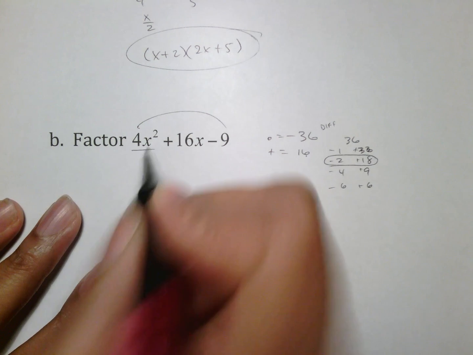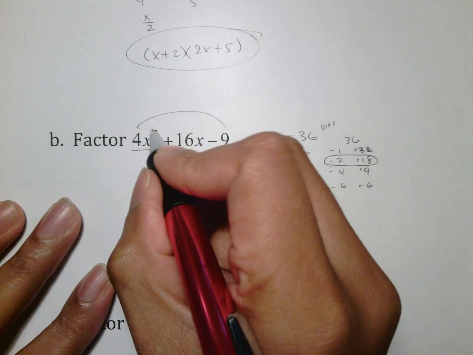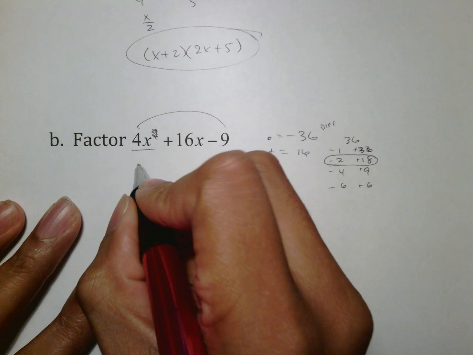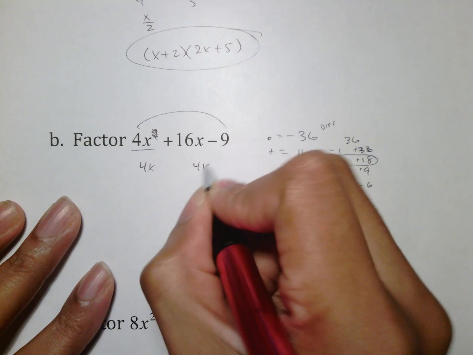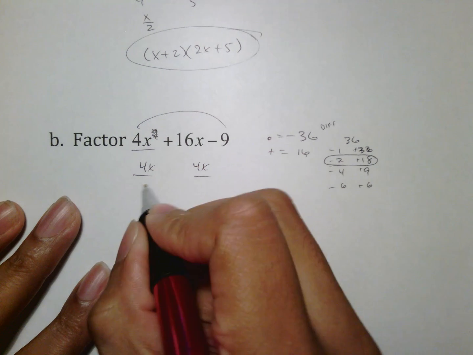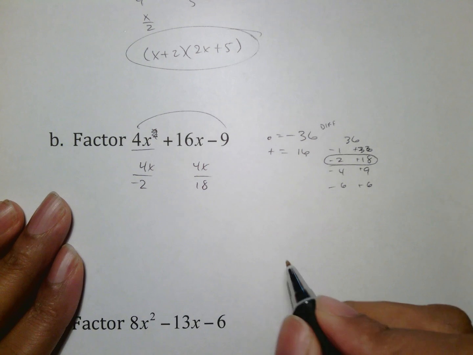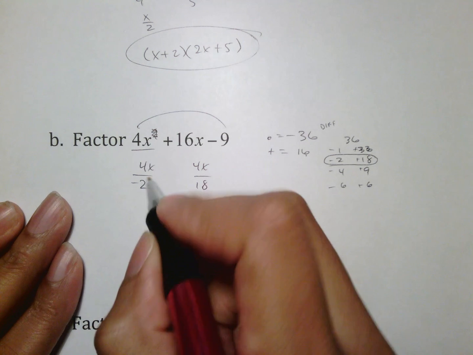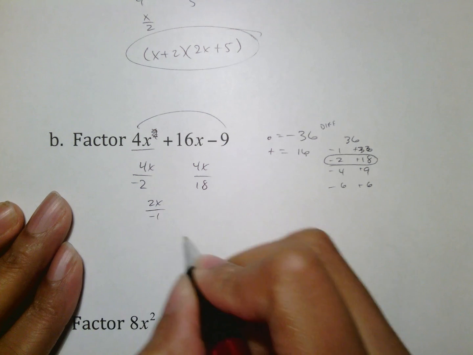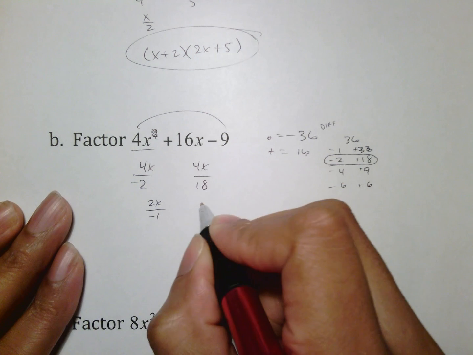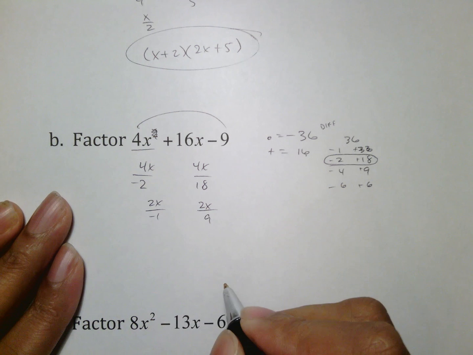which now means, again, that I take this, ignoring the x squared, or the squared part, and I simply put 4x and 4x on top, with negative 2 and positive 18 on the other one. Reduce every fraction I can. These both can be divided by 2, so that's 2x over negative 1. Reducing this ends up being 2x over 9.